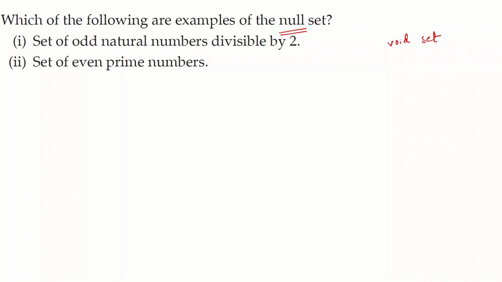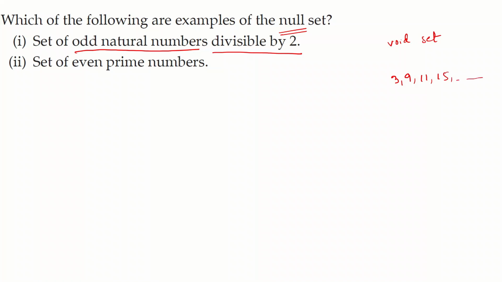So you have to tell me which of these is a null set. The set of all odd natural numbers which are divisible by 2. Pause the video for a second and think about all those numbers that are odd and that are divisible by 2. Take some odd numbers, for example 3, 9, 11, 15, any odd number.